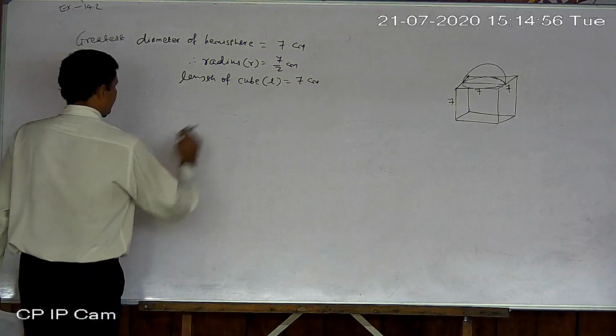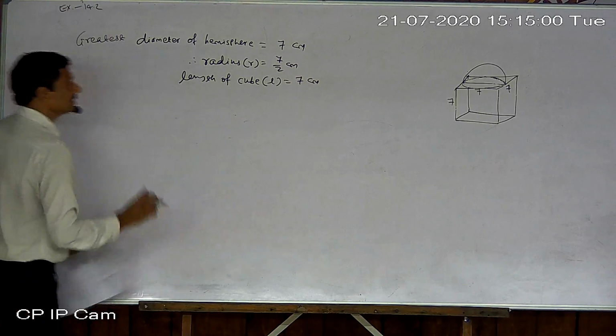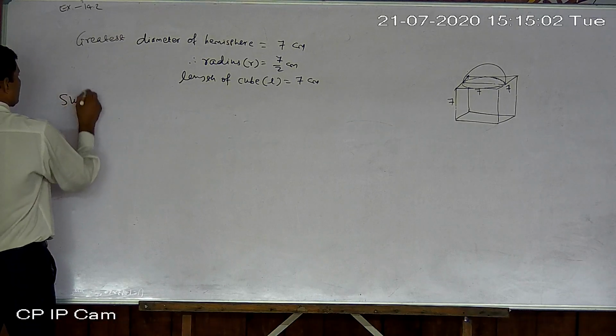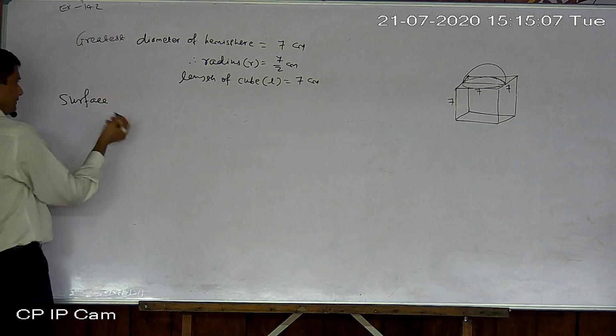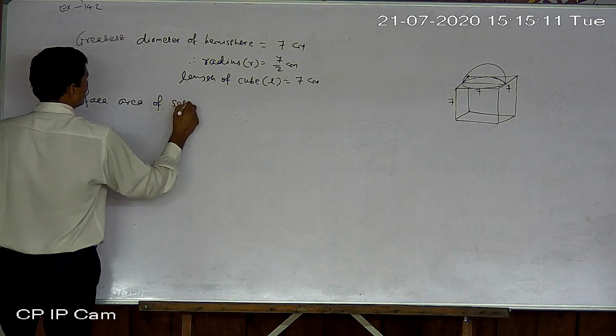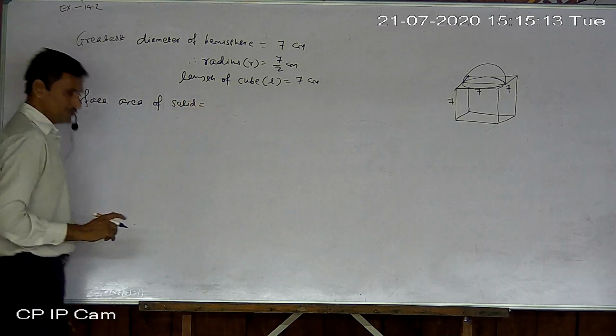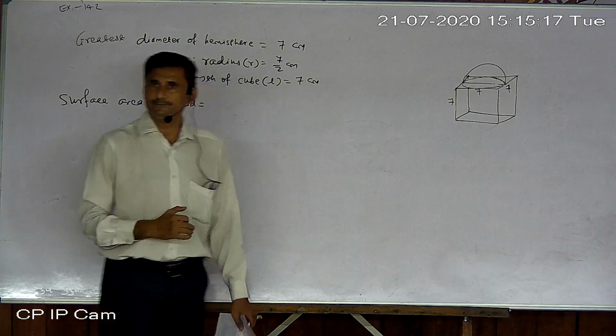Now what do we want? We want the total surface area of the solid. Solid means the cube as well as the hemisphere. Here one thing is interesting.